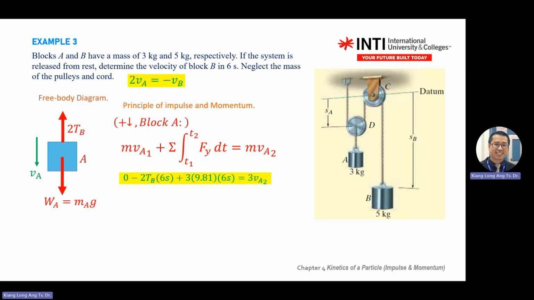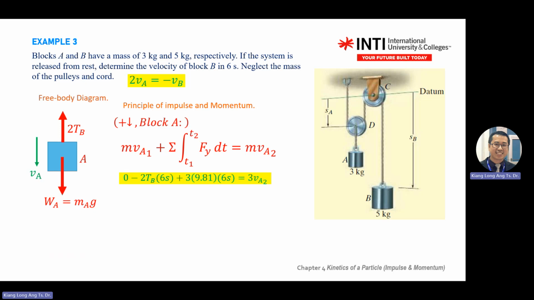So VA released from rest, so VA1 is 0. You can draw an arrow and write 0. In the Y direction, you have two forces here, 2 TB and W. Going up is negative because down is positive because of the datum direction.